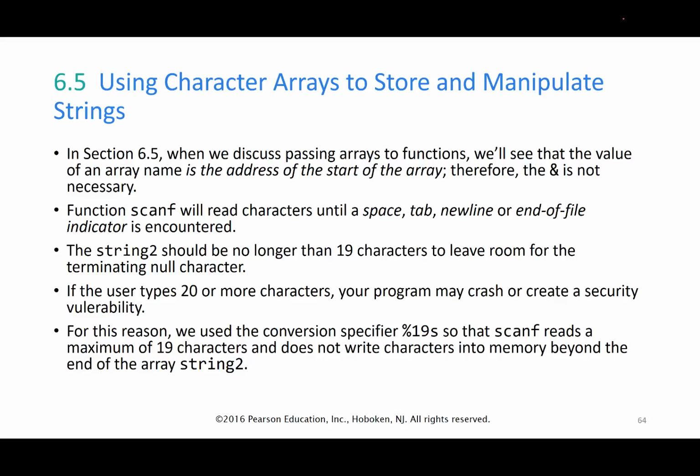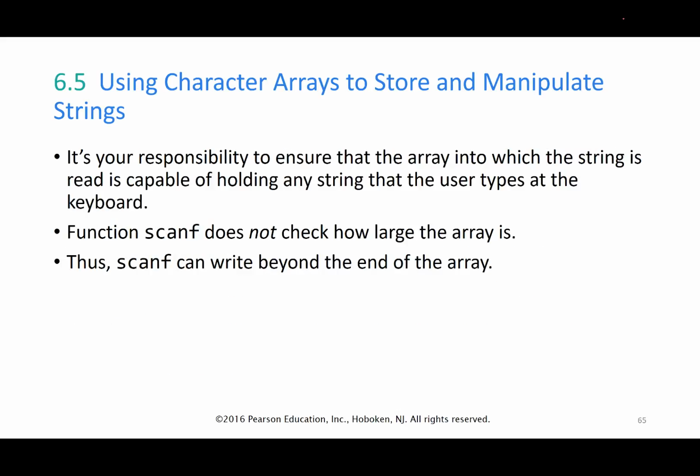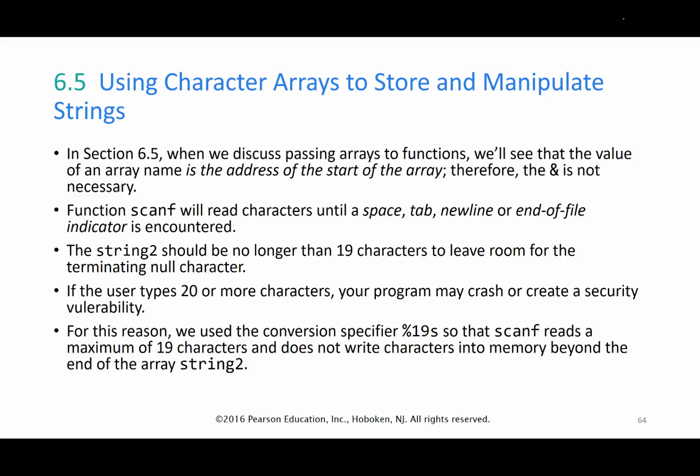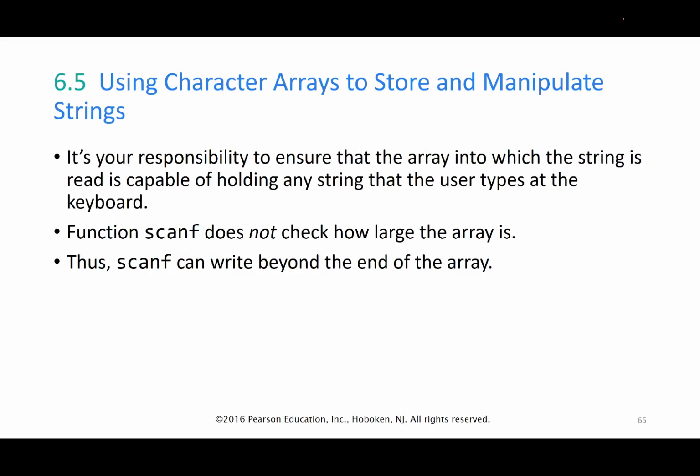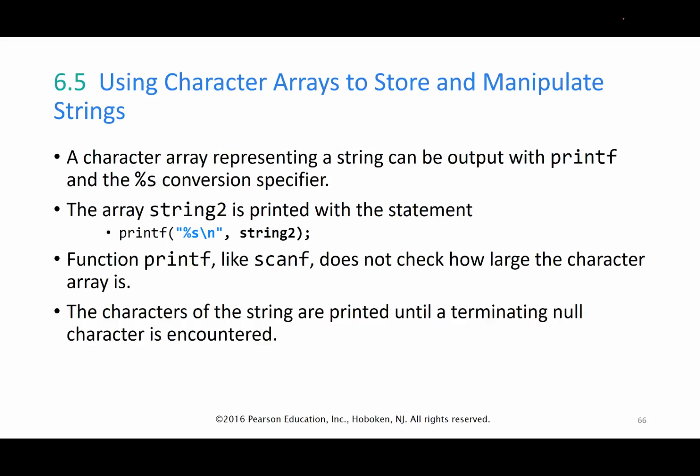So when we deal with a function, in our function, we have to tell it that it's receiving an array. And usually we just do that by putting empty brackets. So scanf doesn't check how large the array is, but when we did the %19s, that forced it to check the size of the data. So again, here our printf, we're passing it the array of string 2.